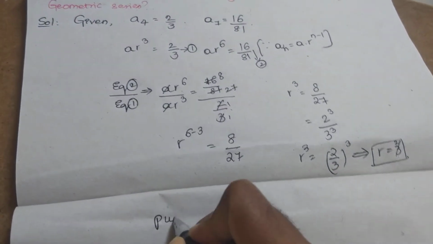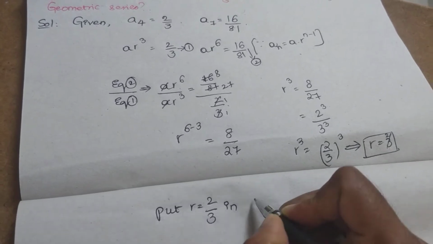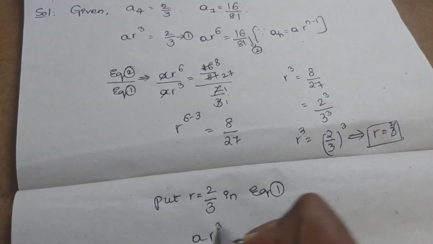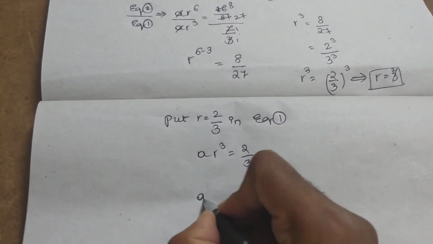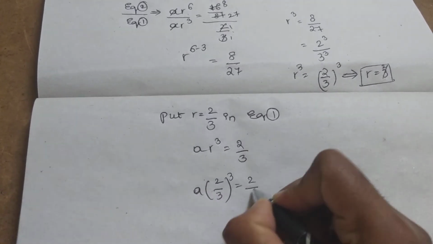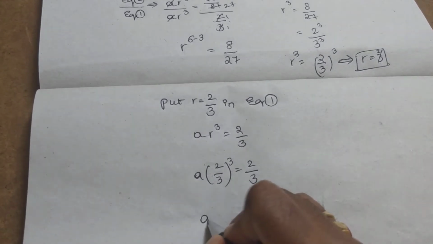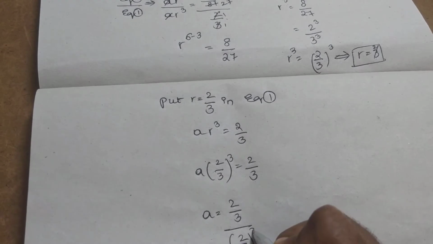So put r equals 2 by 3 in equation 1. Let's see what we get. ar cube equals 2 by 3, so a into 2 by 3 cube equals 2 by 3. Correct? So here a equals 2 by 3 by 2 by 3 cube.